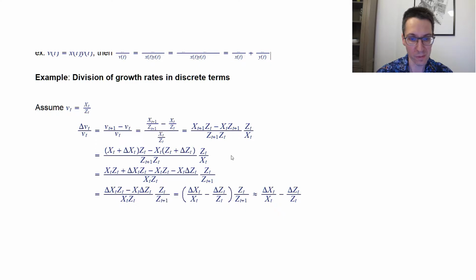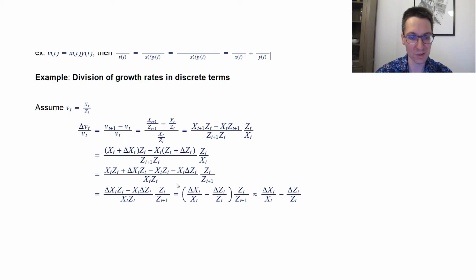And now what I can do is say the following. X_{t+1}, what is it? It's actually X_t plus delta X_t, because delta X_t is X_{t+1} minus X_t. And Z_{t+1} is Z_t plus delta Z_t. And then I keep the rest together. Now, all I do is the multiplication.